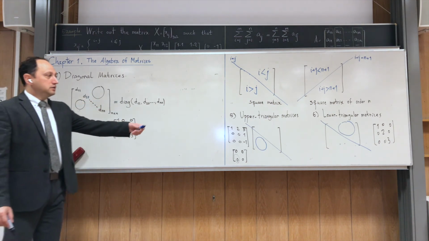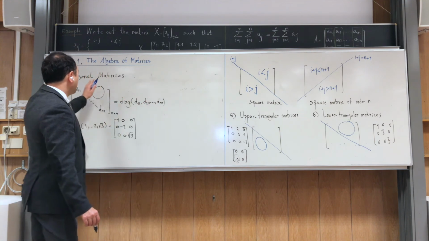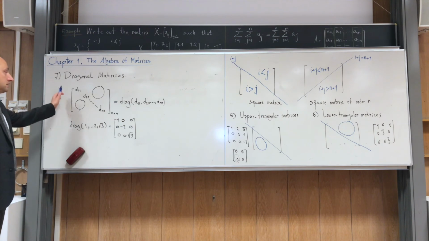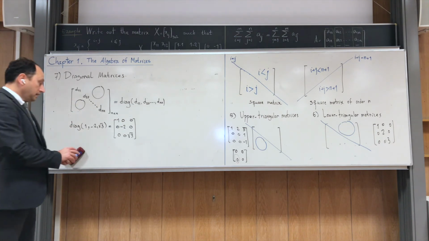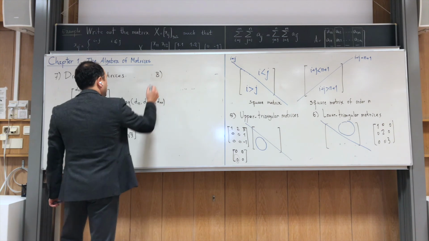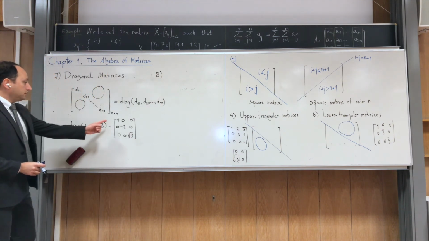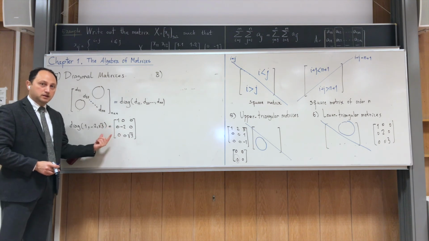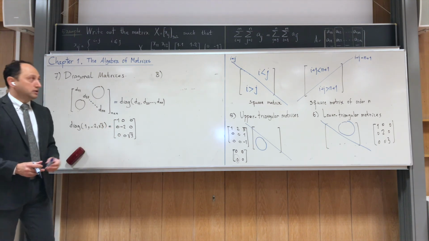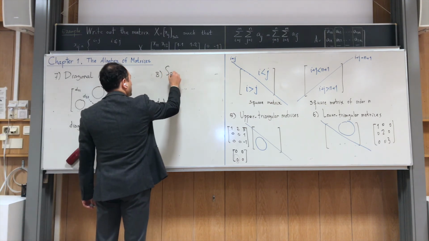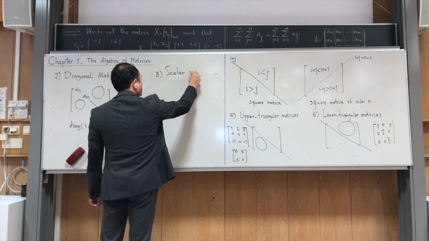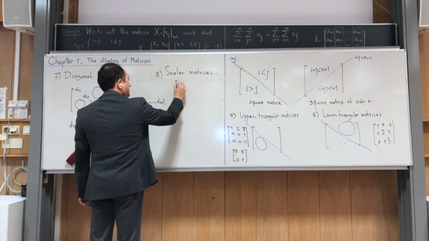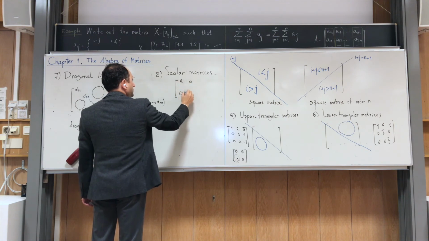That is the meaning of this symbol. So upper triangular matrices, lower triangular matrices, and diagonal matrices are very important types of matrices that we will deal with a lot in this course. And then finally, if all of these numbers sitting on the main diagonal of a diagonal matrix are equal, that matrix is called a scalar matrix. So for example, I can say this, 2, 0, 0, 2.